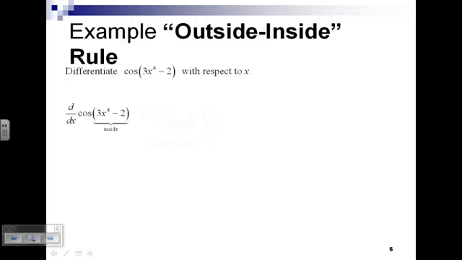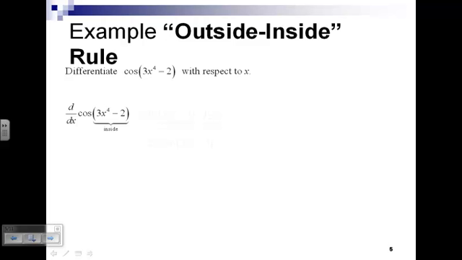All right, so let's take a look at it again. Here's the inside-outside rule. If I'm taking the derivative of cosine of 3x to the 4th minus 2, we declare the inside to be 3x to the 4th minus 2. The outside function is cosine.